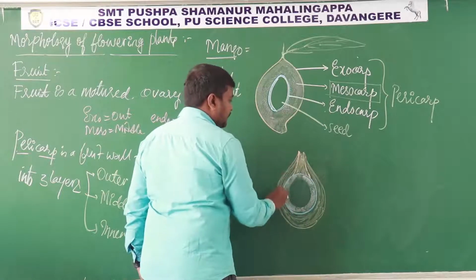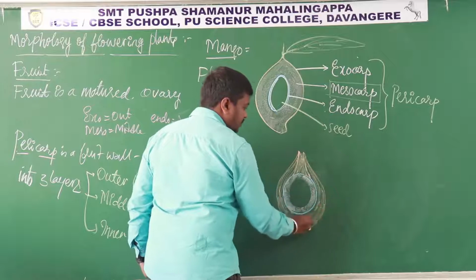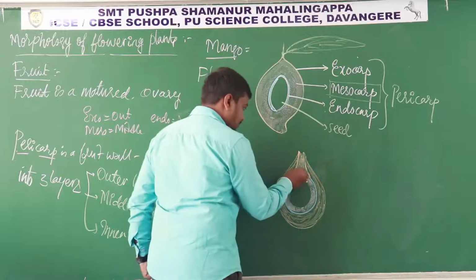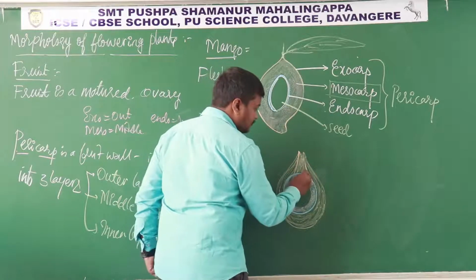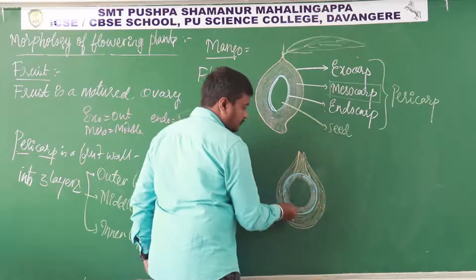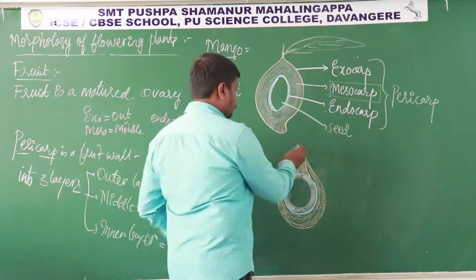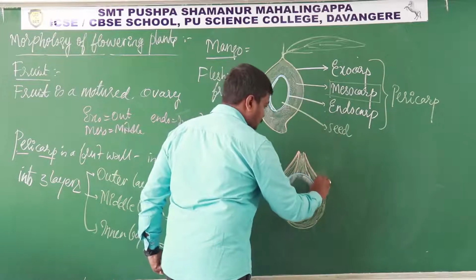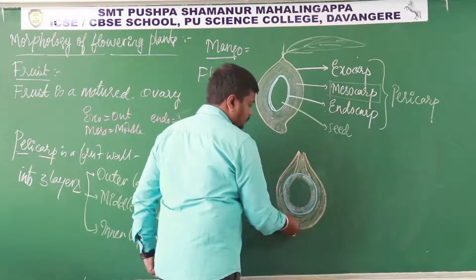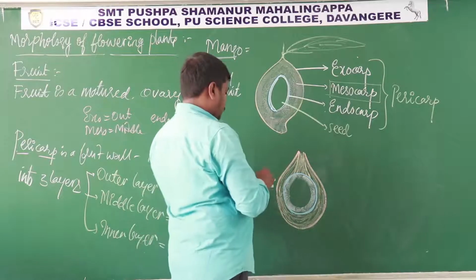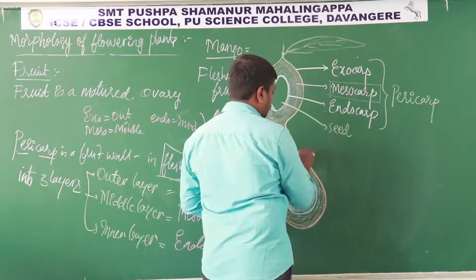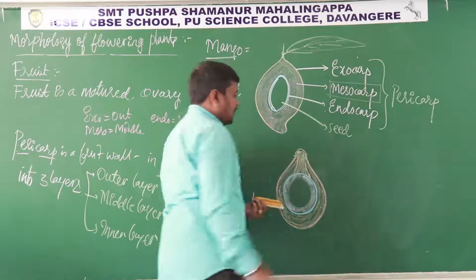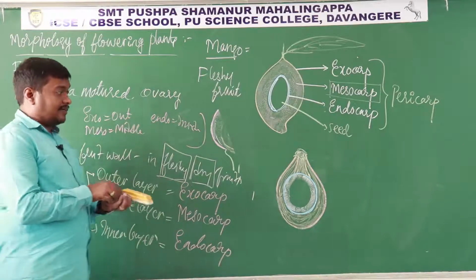If I take the example of whole coconut, the whole coconut is like this. On this there will be a green color. Okay, so let us label it.